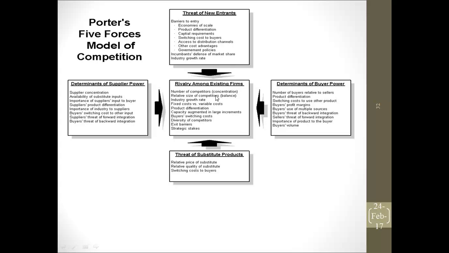Next we look at buyer power. Do we have customer power? Power in the sense that the customer can switch around, and customers have an influence. For example, let's say we are a Holiday Inn and people from British Airways are staying in our hotel.